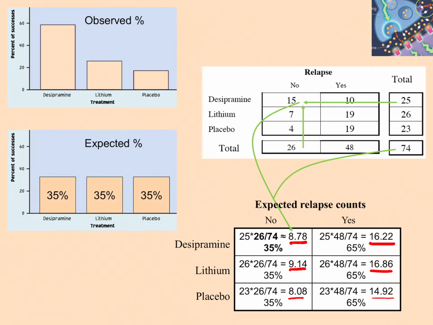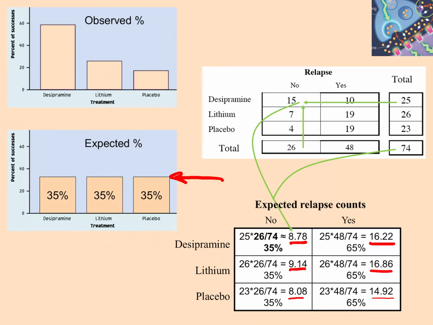All right, now, expected percents. What we look for in terms of our expected percents is basically that they're all the same, and you can see that right here. Okay, under a null hypothesis, we wouldn't expect any one of these three treatments to be any more or less effective than the others.